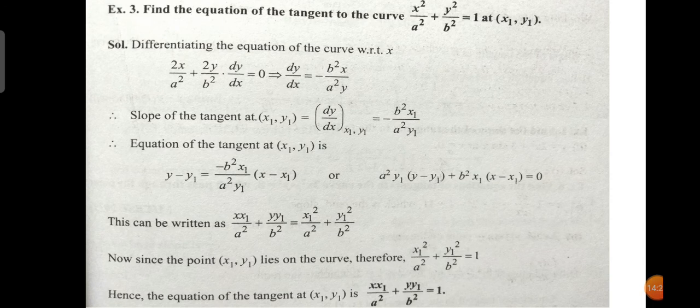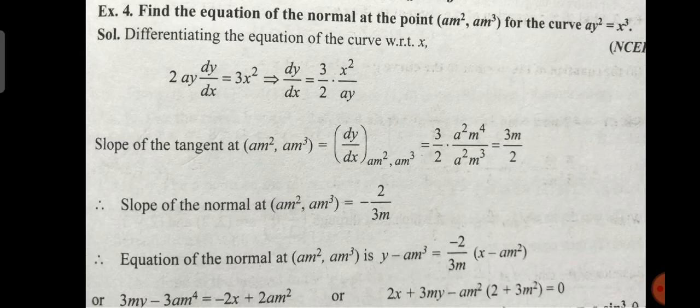So this is the equation. Next is, find the equation of the normal at the point am square, am cube, and the curve is ay square is equal to x cube. As in the previous question, we have to differentiate with respect to x and then substitute the point am square, am cube in that equation, and you will get the slope.